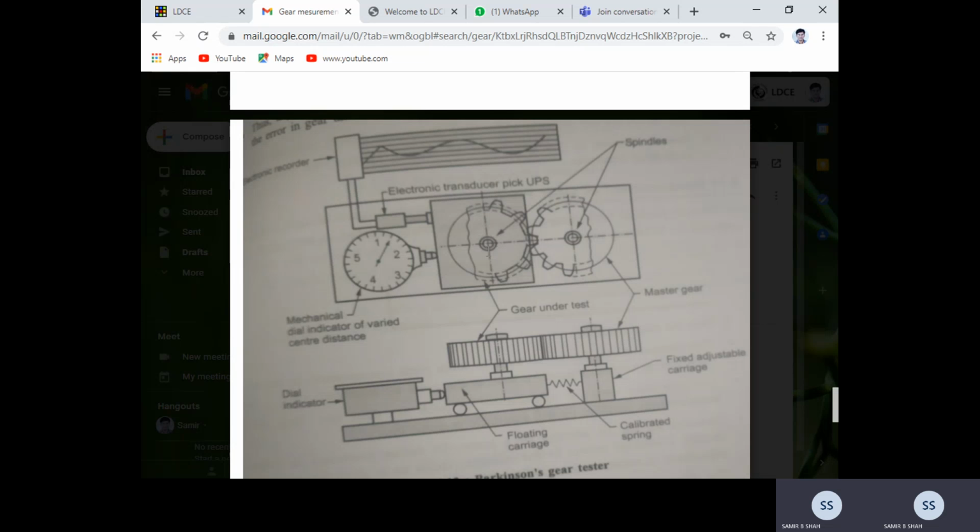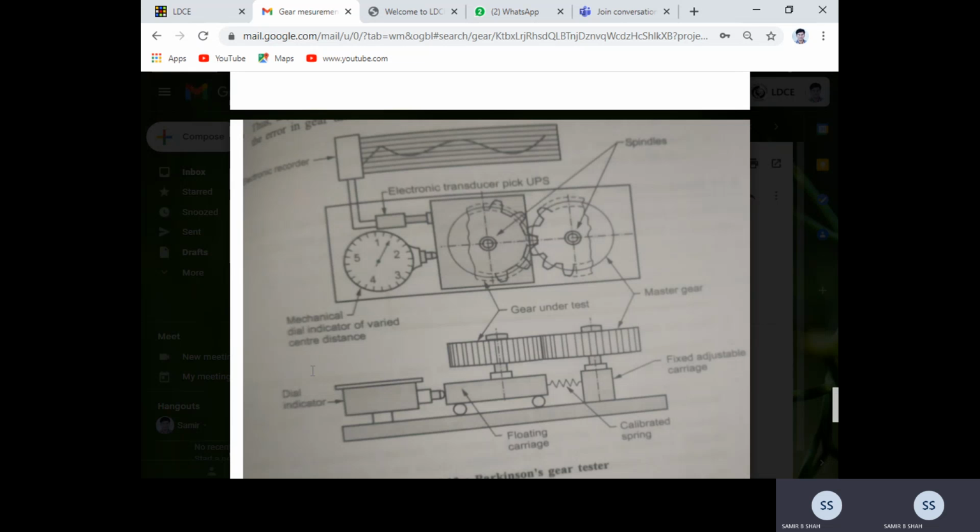The spindle of the gear under test is attached to a floating carriage. The gears are mounted on two spindles so that they are free to rotate without clearance.